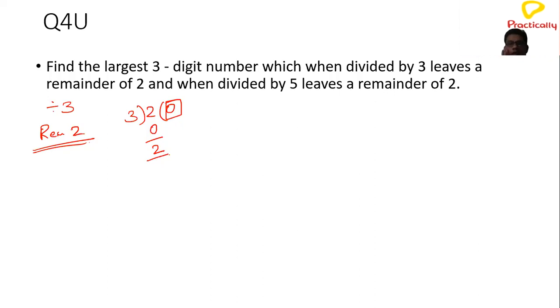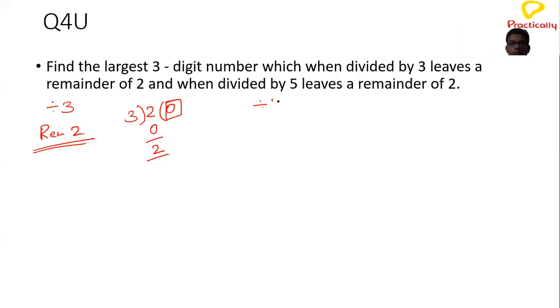So the quotient has to be an integer, and I can always say that a number is divisible when the remainder is 0. So if I'm dividing a number by, let's say, 3, and it's giving me a remainder of 2, then the number can be 2 itself. It need not be 17.